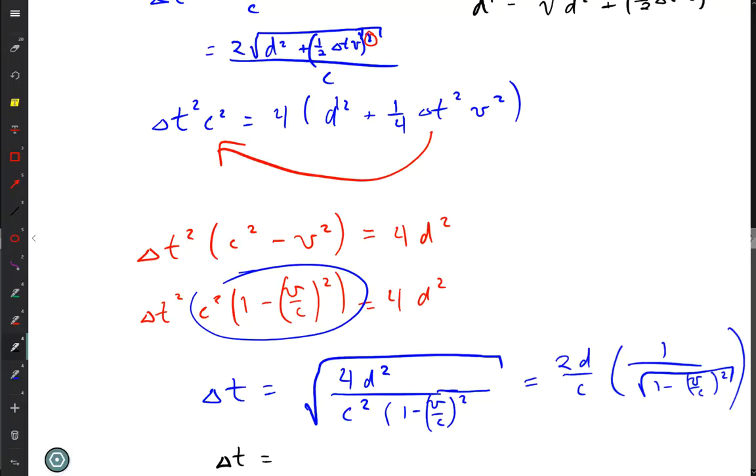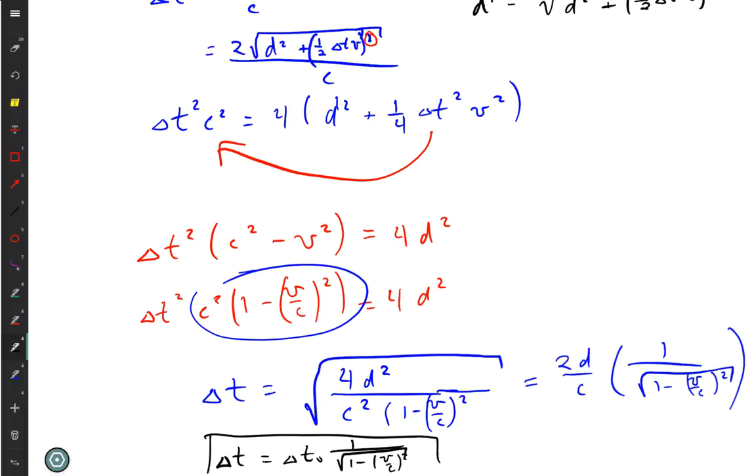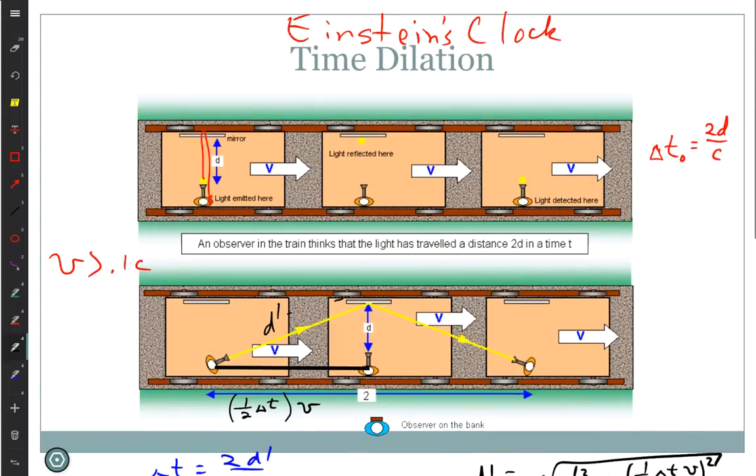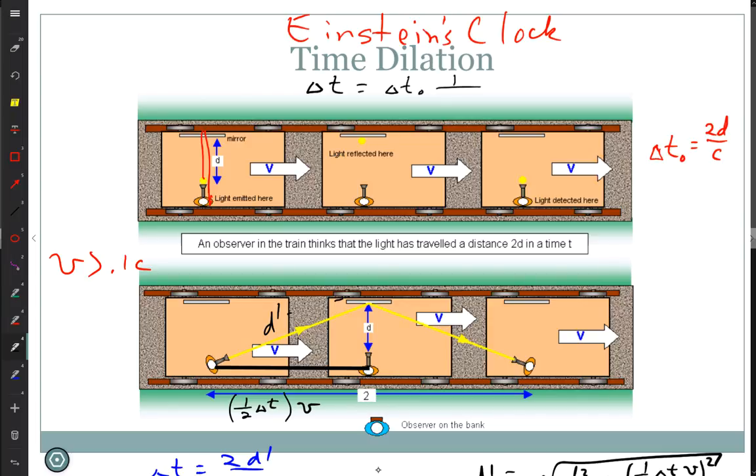So when you come look at these at a later time, that's the equation to relate the time in one reference frame to the time in another reference frame. So we have our final equation, delta t is equal to delta t0 times 1 over the square root of 1 minus v over c quantity squared.